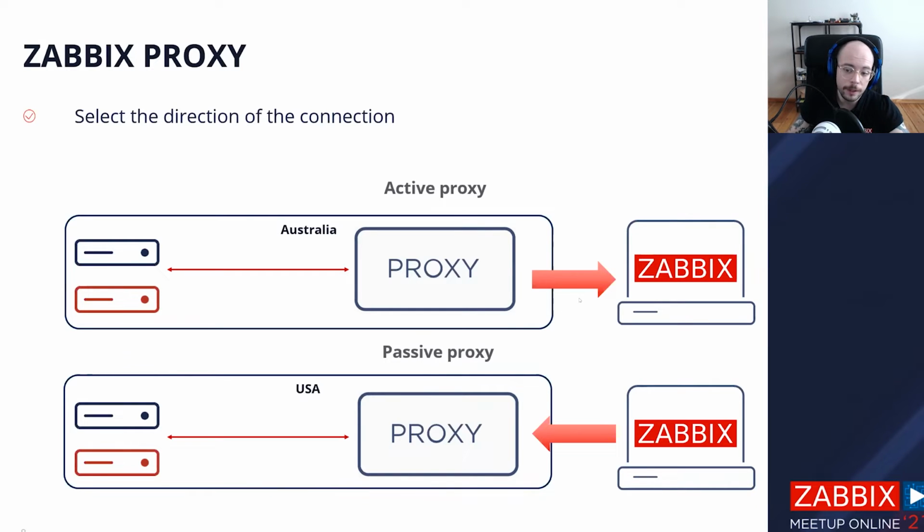That's the top image, where we remove that connection overhead from the server, and the proxy sends the data autonomously to the server and picks up configuration changes from the server. Once again, depending on usually the security requirements of the customer, we can have both of these running at the same time. You don't need to have all of your proxies in the same mode. You can have a mix of proxies running in both of these modes.